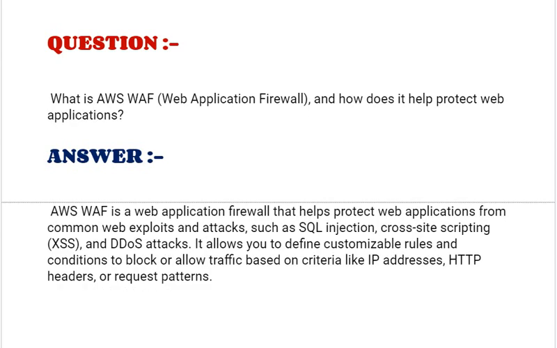Our next interview question is: what is AWS WAF, that is Web Application Firewall, and how does it help protect web applications? Your answer should be: AWS WAF is a web application firewall that helps protect web applications from common web exploits and attacks such as SQL injection, cross-site scripting, XSS, and DDoS attacks.